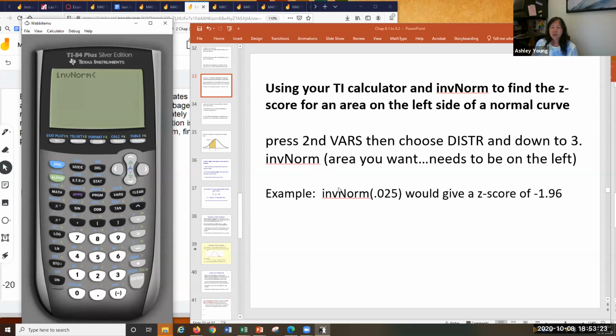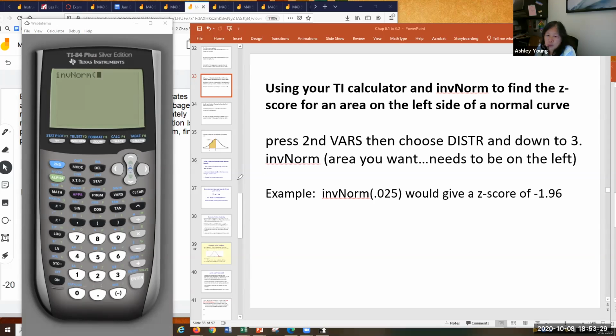It's a little bit complicated in the following way. Here is sort of my normal distribution. I want to know what the z-score is if the left area here is 0.025.